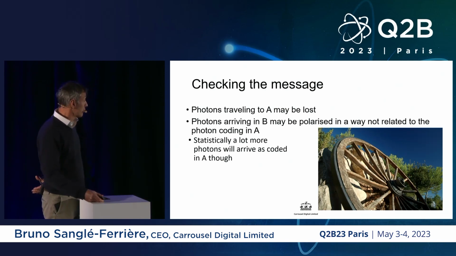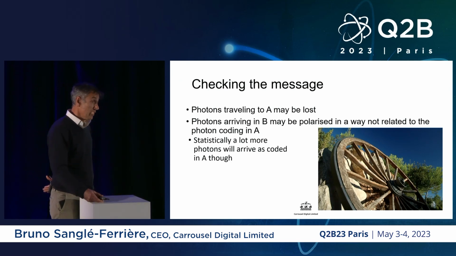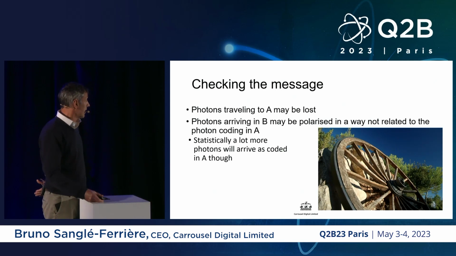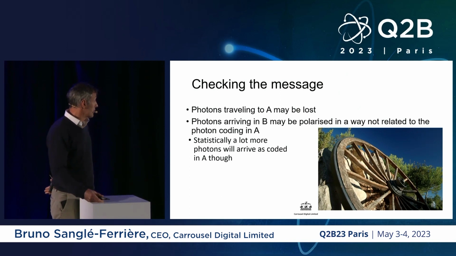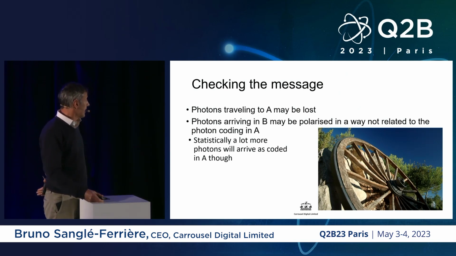a lot of photons could be lost between the photon emitter and A and B. So if a photon is lost traveling to A, its entangled photon, if it arrives in B, will be polarized in a random way.